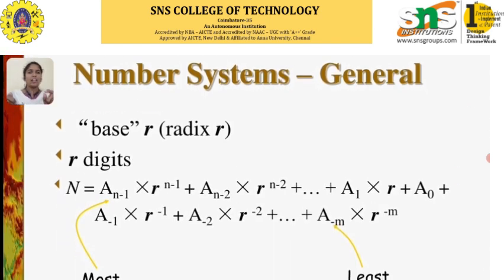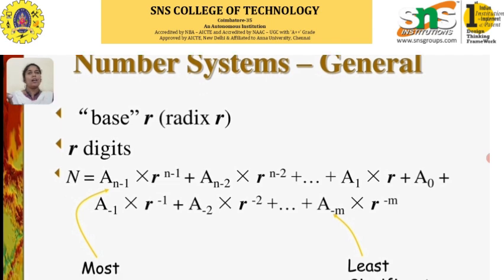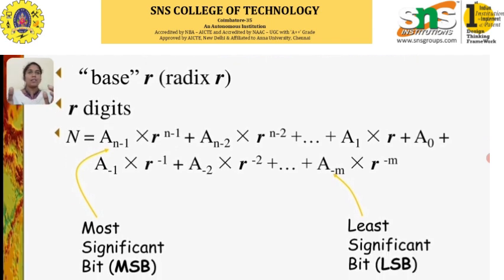Here we consider r as the radix, n is the number of integer digits and negative indices represent the fractional digits. Each digit's value is multiplied by the radix raised to the power of its position. This formula applies to any base like decimal, binary, hexadecimal, octal.